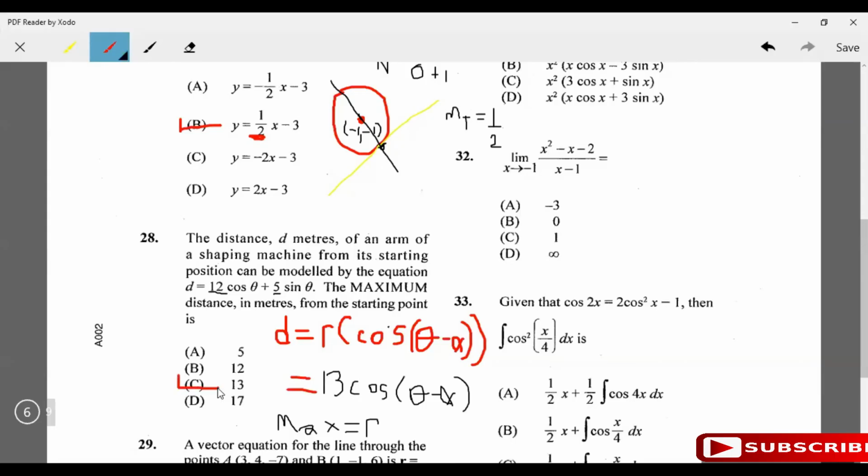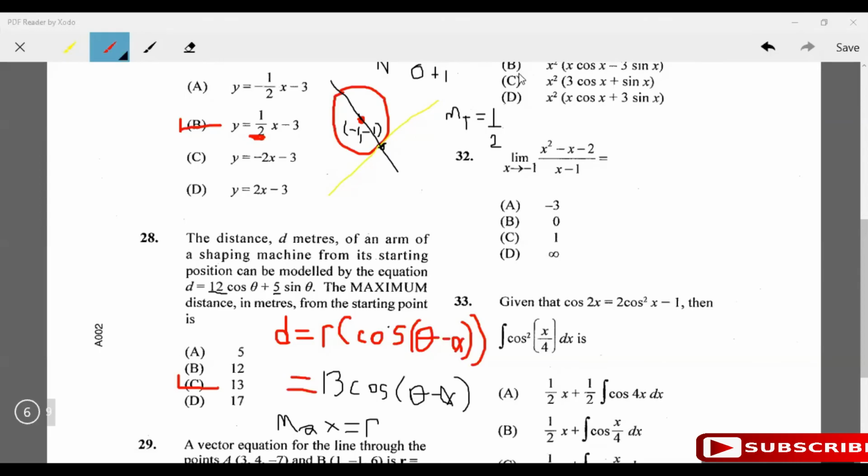That's 13. There's another way to find the maximum point. We could use differentiation, because what we know about maximum points is that they occur when the first derivative is equal to 0. All right. So let's go back to where this 13 came from.